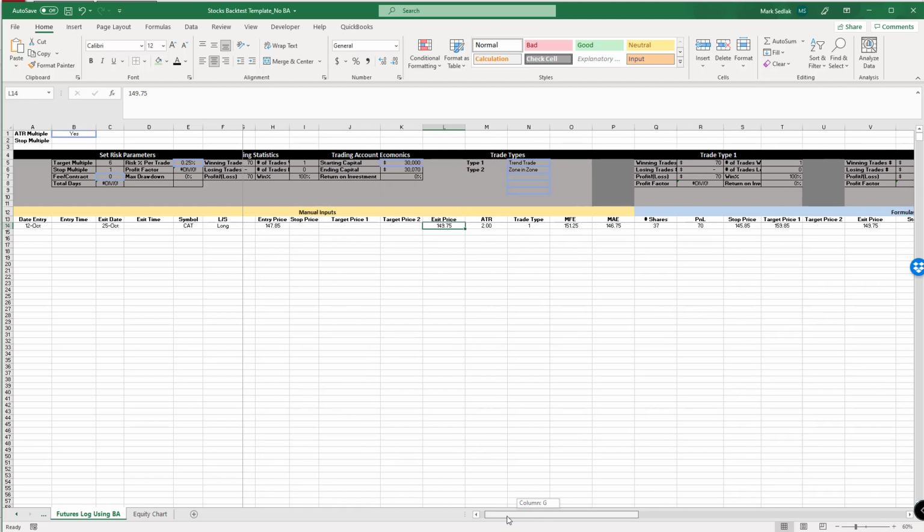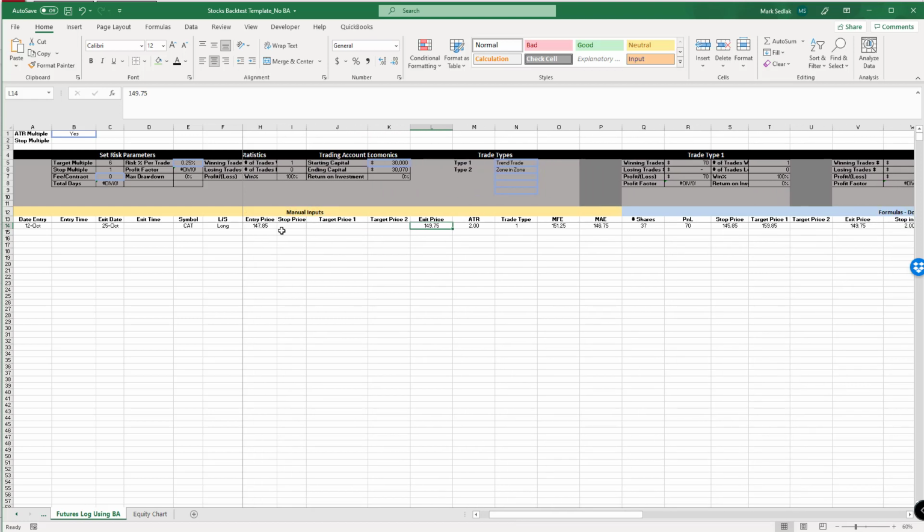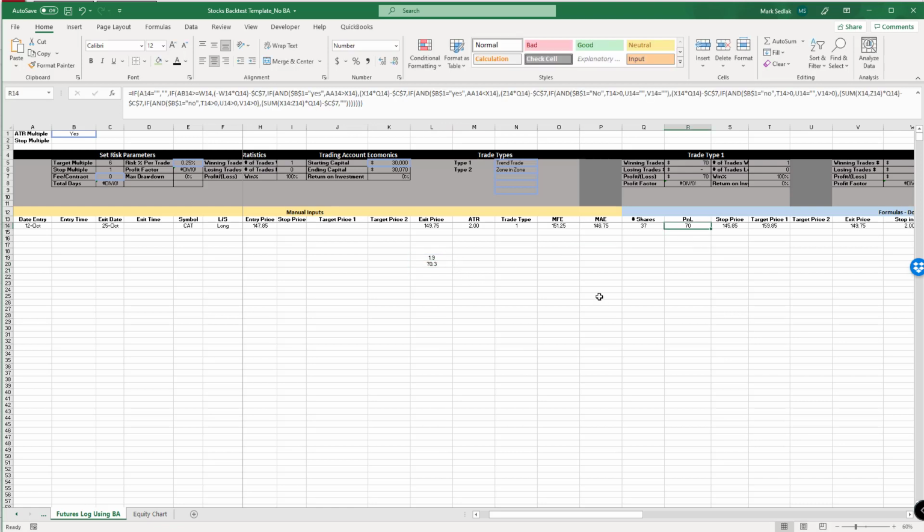Our entry was 147.85. So if we take our exit minus our entry, that gives us $1.90. And then you can see we're trading 37 shares. Take that times 37, and that gives us $70. So that's where you can see the P&L is $70.